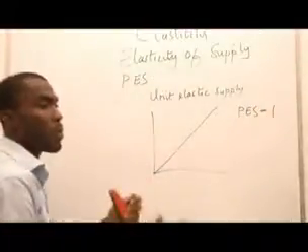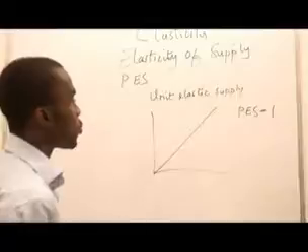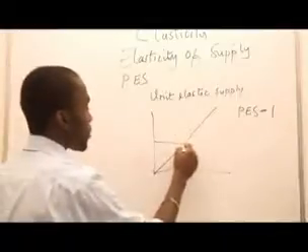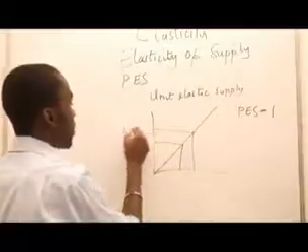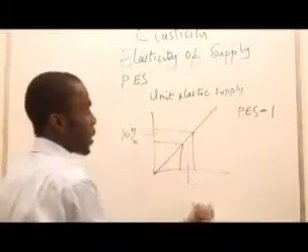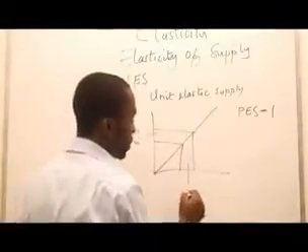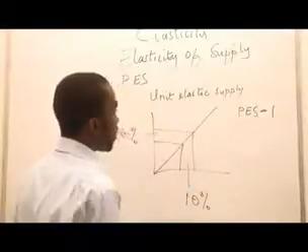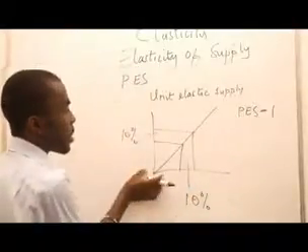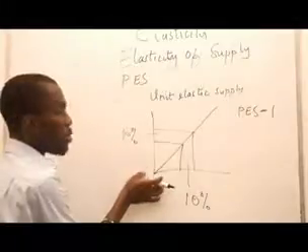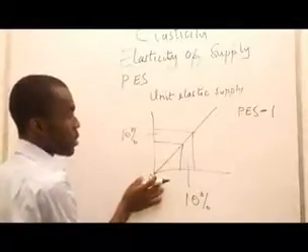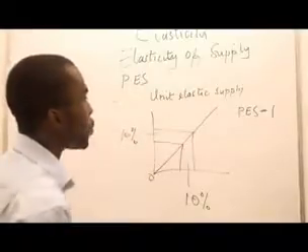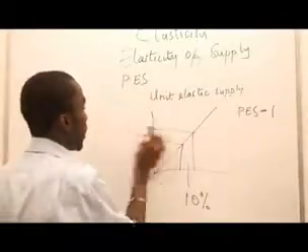And here we are saying it's a 1-to-1 change. When price increases by 10%, we expect quantity supplied to also increase by 10%. And in this case, the supply curve will always start from the point of origin. Okay, so that's for unit elastic supply.